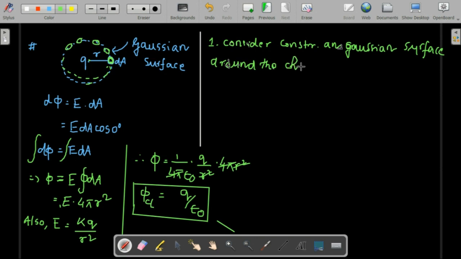In that way you can find out what is the electric field very easily. But please remember that this surface that you are considering should be symmetric. That's actually one of the restrictions as well in Gauss's law.